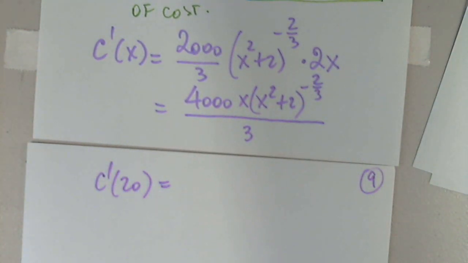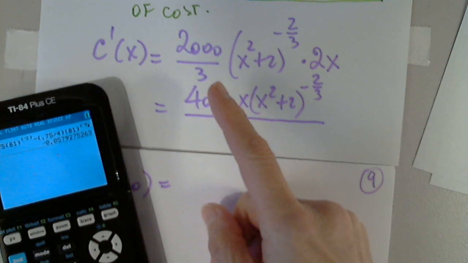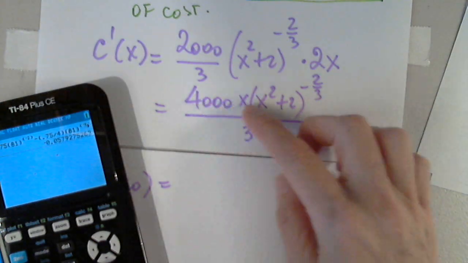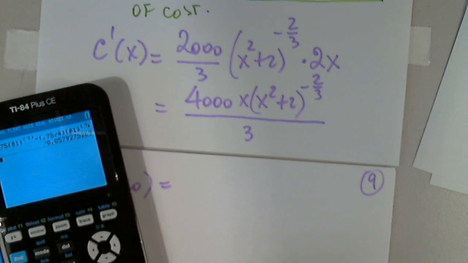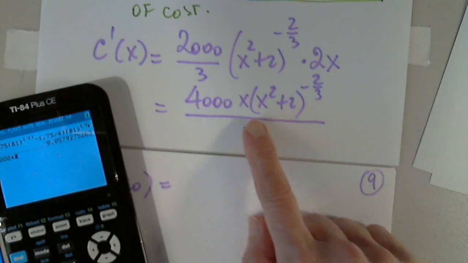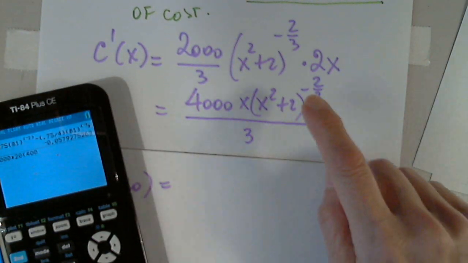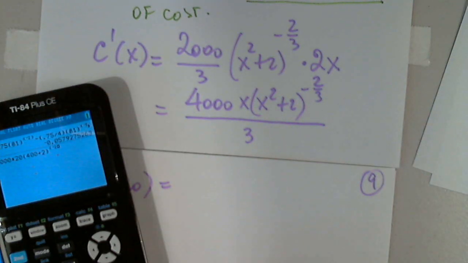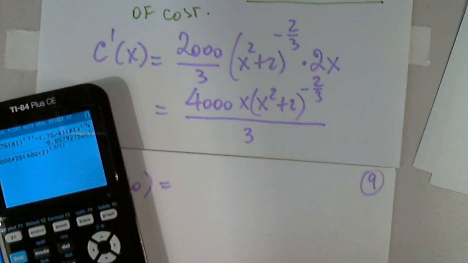And I will plug it in. Where's my calculator? Here. Be very careful how you plug it in. In this case, because the denominator is just one term, it's okay with parentheses around the numerator or without, but be careful otherwise. So 4000 multiplied by 20, because x is 20, open parenthesis, so 400, because 20 squared is 400, plus 2, close the parenthesis, put a caret, in parentheses, negative 2/3, close the parenthesis, come down from the power and divide by 3.